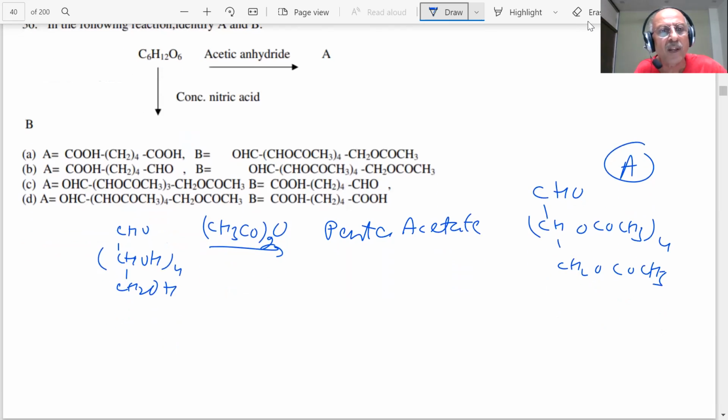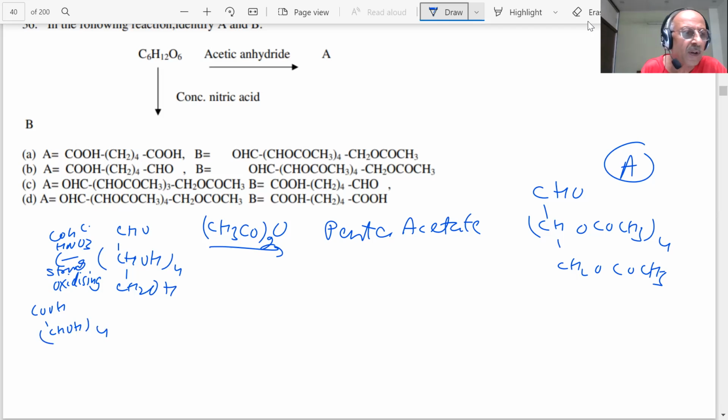And what will happen, student? If I react this with concentrated nitric acid, this is a strong oxidizing agent. It will oxidize both the CHO as well as the terminal CH2OH group. And what is going to be the product, student? In this case, COOH, then you have CHOH 4, and further, these two are oxidized to carboxylic acids.